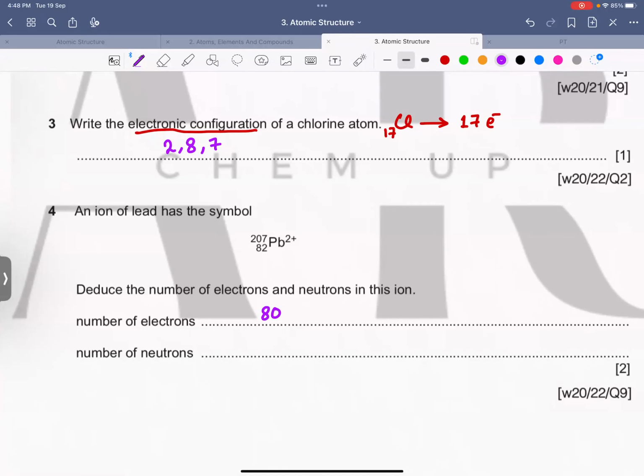Okay. How many neutrons? 125. That is correct. 7 minus 2 gives you 5, and 10 minus 8 gives you 2, and then 1. So 125 neutrons. Is this clear?